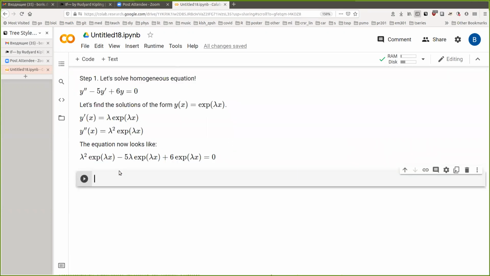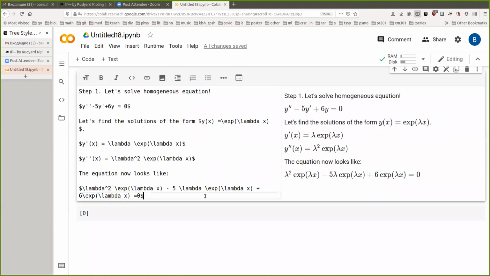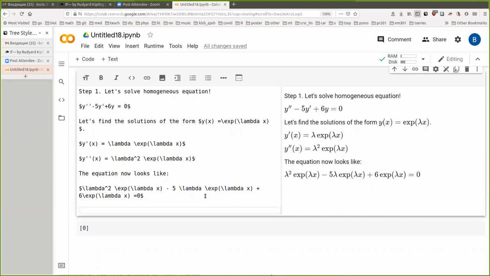We cancel the common factor exponent of lambda x because it's non-zero, even if x is a complex number, that's okay. It will not be 0 in any case. Okay, that's not a 0 even if we work with complex numbers.